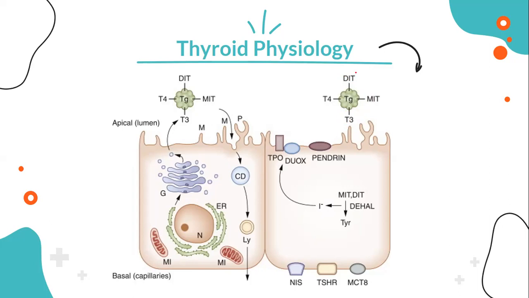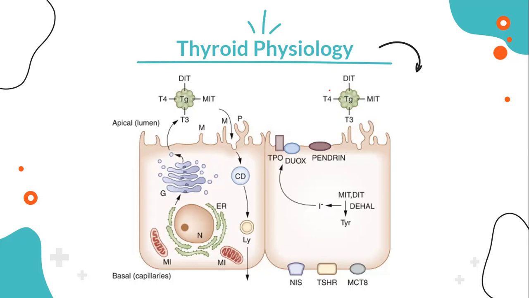If the TPO takes two DIT, then we have four iodines, and then we have the T4. It is only related to the amount of iodine residuals. So we have this T3 and T4 binding to the TG, and it is saved inside the colloid until it is required by peripheral tissues.